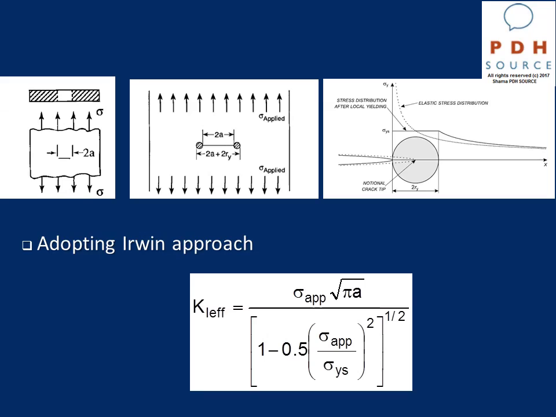In fact, Irwin argued that the occurrence of plasticity makes the crack behave as if it is longer than its physical size. So basically Irwin said, okay, I will assume that due to plasticity the crack tip is not going to stop here, it will extend somehow to the center of the circle including the plasticity zone.